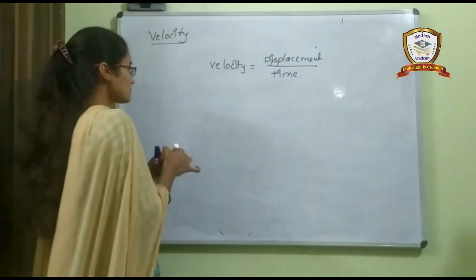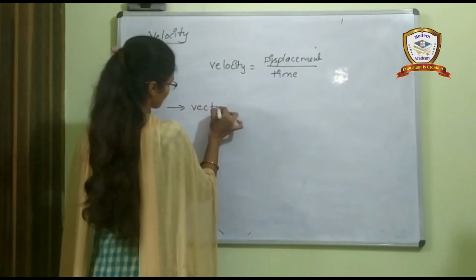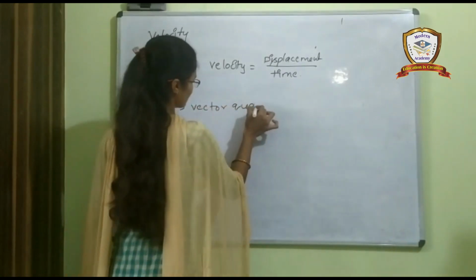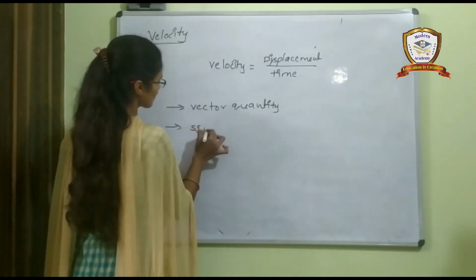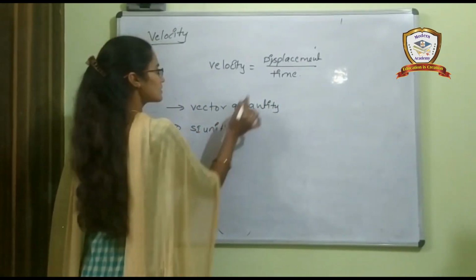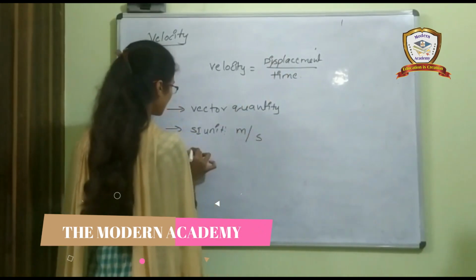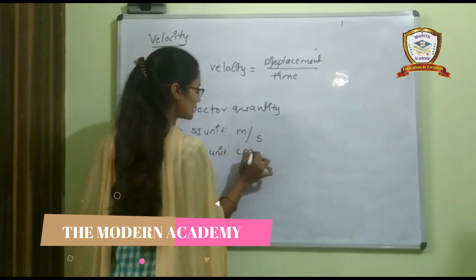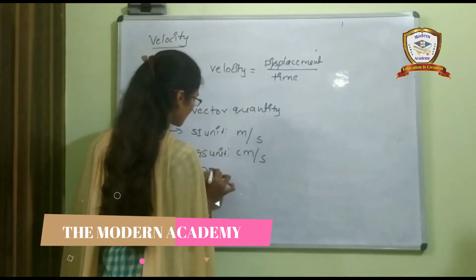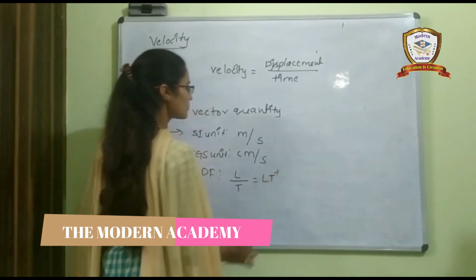Displacement is a vector quantity and velocity is also a vector quantity. The SI unit is meter per second, the CGS unit is centimeter per second, and the dimension formula is L by T, so that is L T power minus 1.